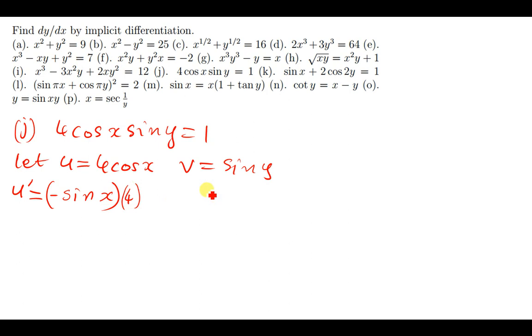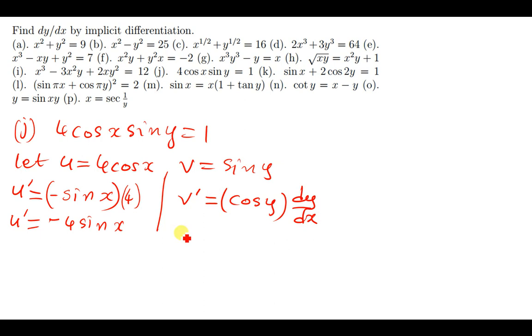So u prime will be equal to negative 4 sine x, and then let us also find v prime. So v prime will be equal to the derivative of sine y, which is cos y, but because we're differentiating y with respect to x, we always have to add dy dx.